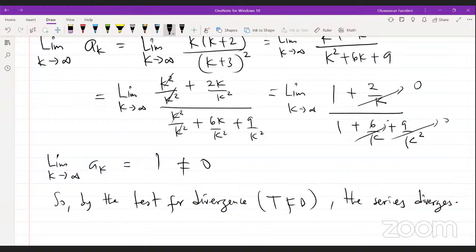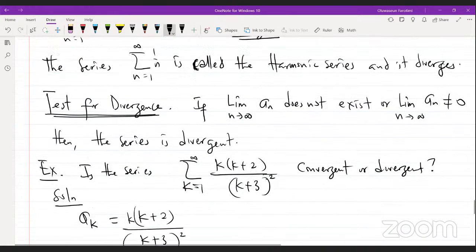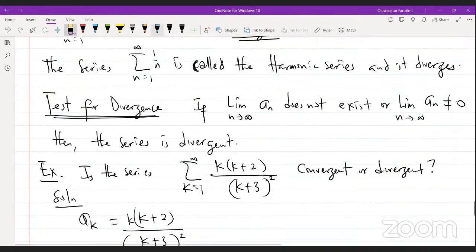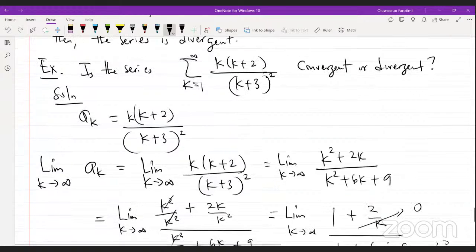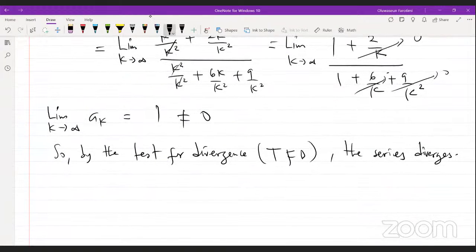So let's go back to what the statement of the test for divergence says. What do you need to check? You need to check the limit of a_n. If the limit of a_n does not equal 0, or if it doesn't exist, then the series diverges. Now, what if this limit gave us 0? That only tells us that you cannot use the test for divergence.